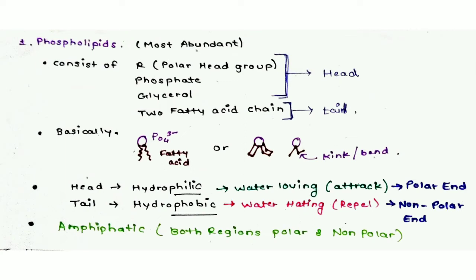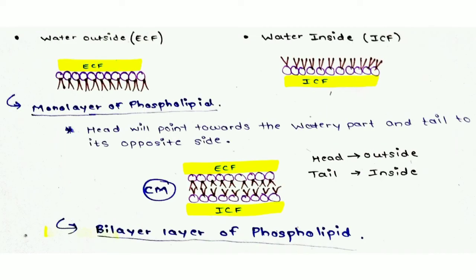Now let's study their arrangement. You know the cell has water outside it, and the cell also has water inside it. So for the water outside, the phospholipid will form a monolayer. Its head region is water loving, so it will get attached to the water, and the tail region is water hating, so it will run away from the water and be on the opposite side.